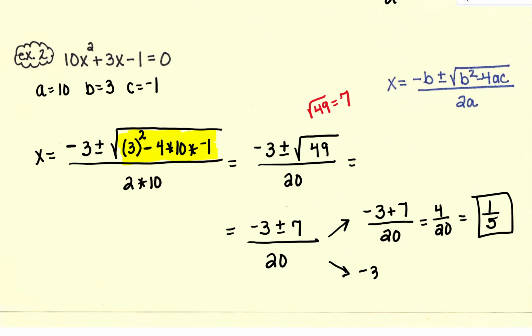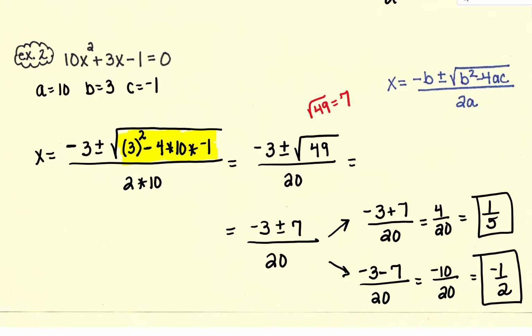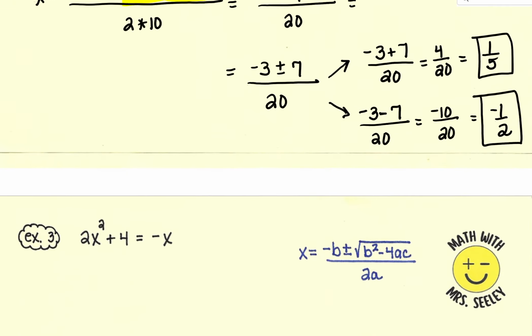And then we're going to say negative 3 minus 7 over 20. So that's negative 10 over 20, or negative 1/2. When you have your answers to come out nice numbers, that just means that the original trinomial could have been factored.